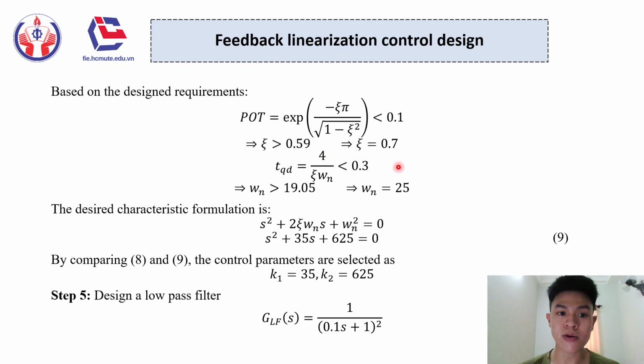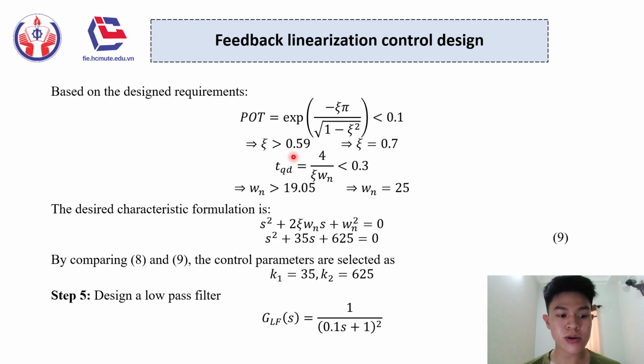The other requirement of this system is settling time. It must be smaller than 0.3 seconds. The formula for the settling time can also be found in the theory of automatic control systems, and from that we can find Wn equals 25.